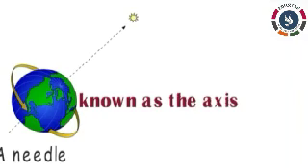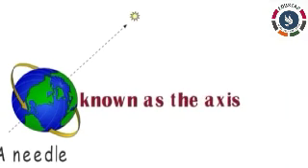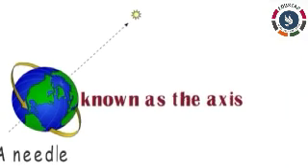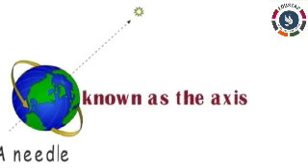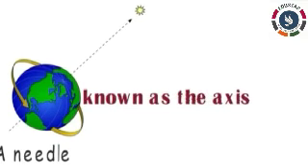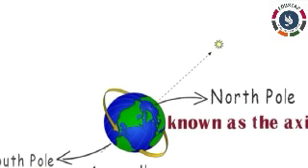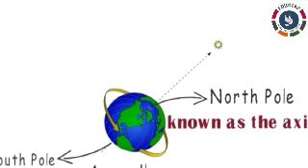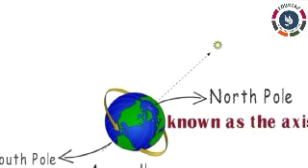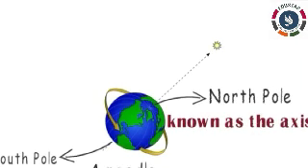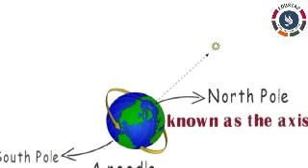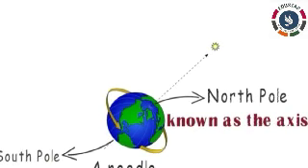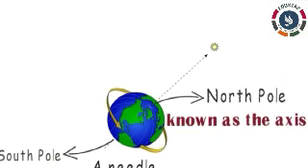You will notice that a needle is fixed through the globe in a tilted manner, which is called its axis. The two points on the globe through which the needle passes are the two poles, that is, North Pole and South Pole.